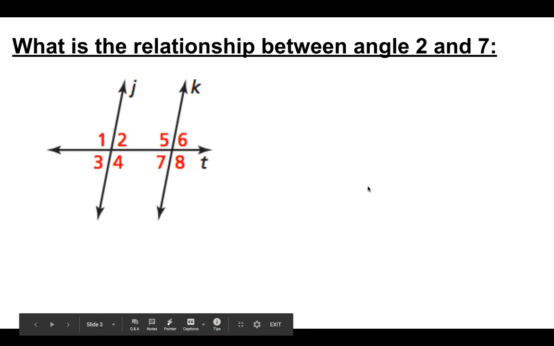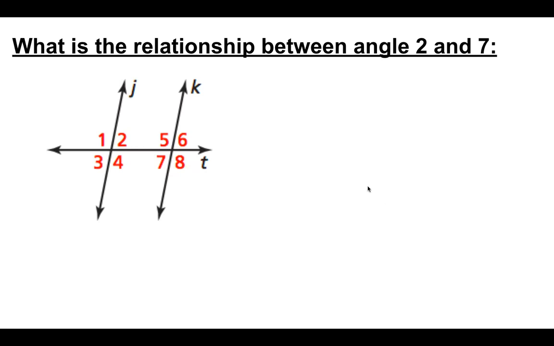Okay, so now we're going to look at this problem. What is the relationship between angle 2 and angle 7? Again, the first thing I'm going to do is look at 2 and 7. In terms of lines J and K, are these two angles inside or outside those two lines? In this case, they're both inside. So that makes me recall the word interior.